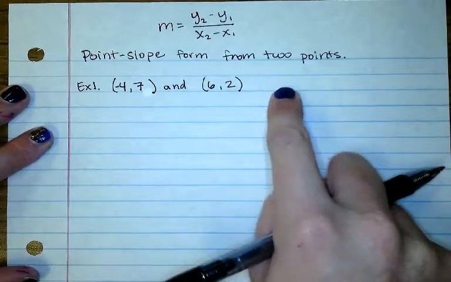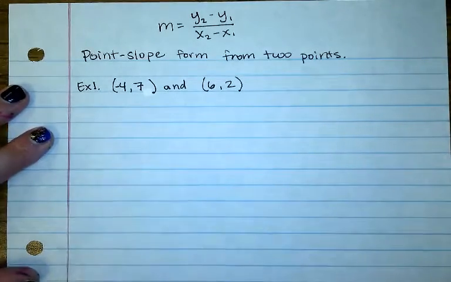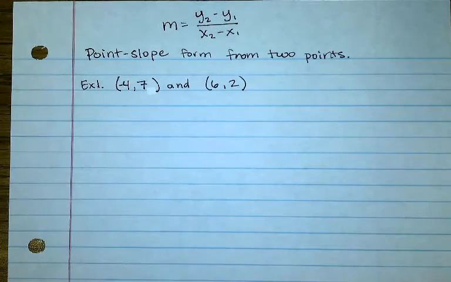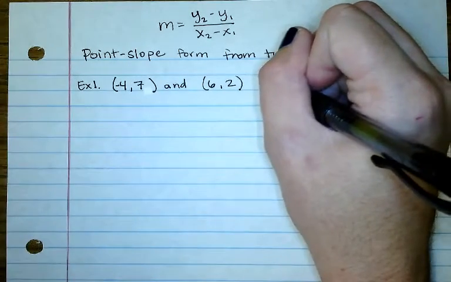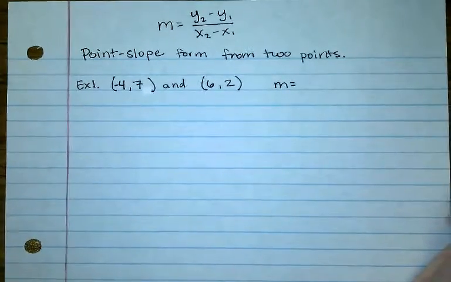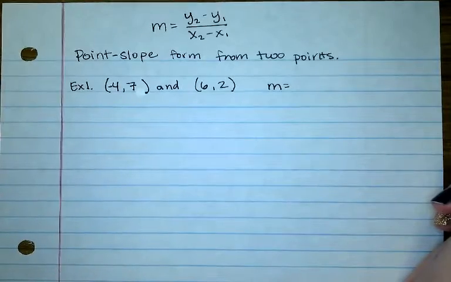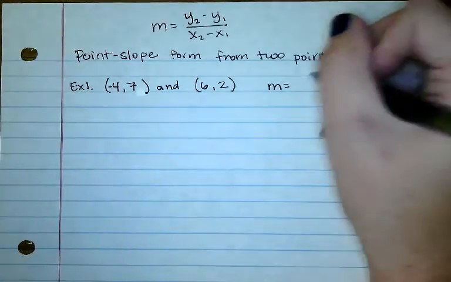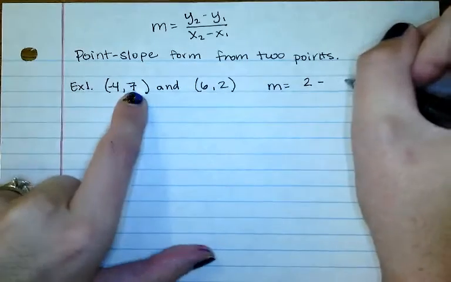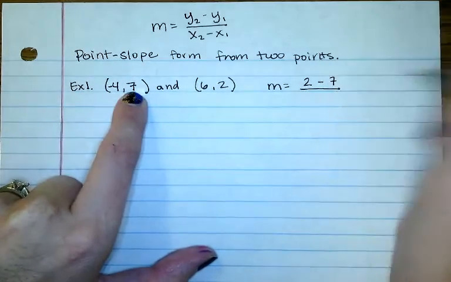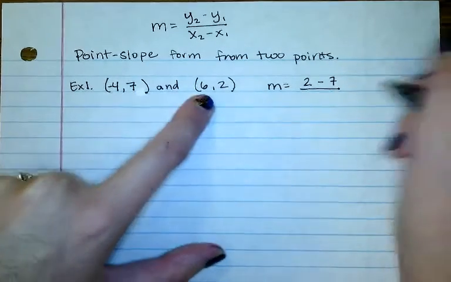So my slope in this case would be y sub 2, which would be 2, minus y sub 1, which is 7, over x sub 2, which is 6, minus x sub 1, which is -4, so that becomes 6 plus 4.